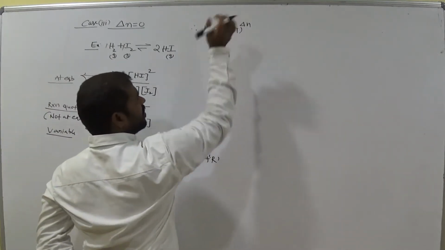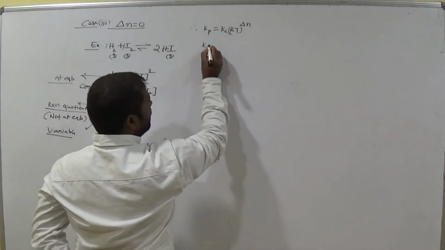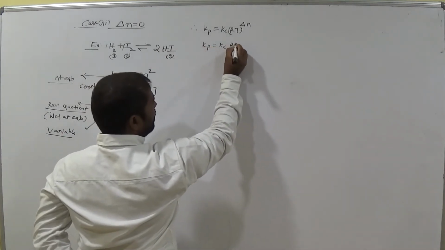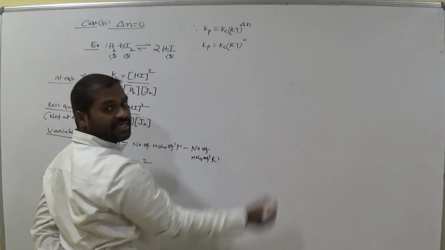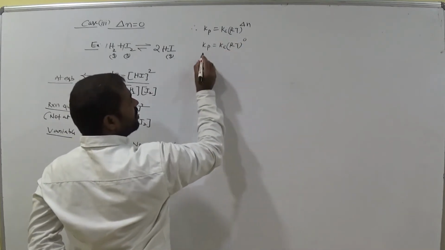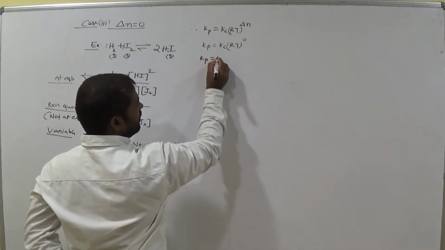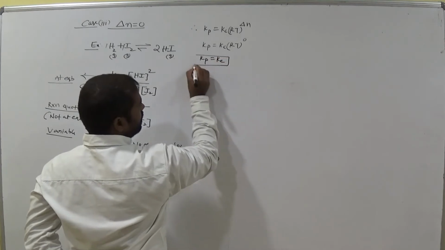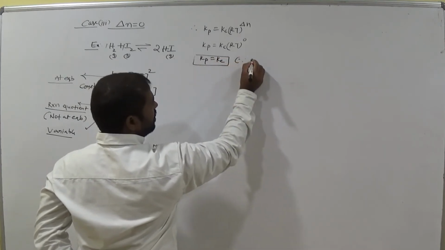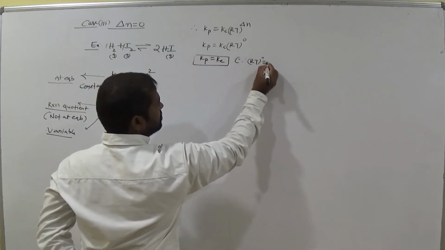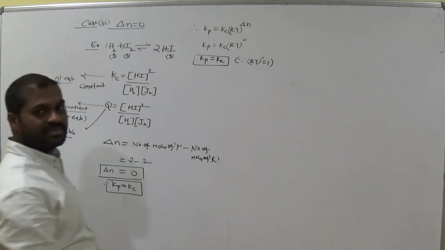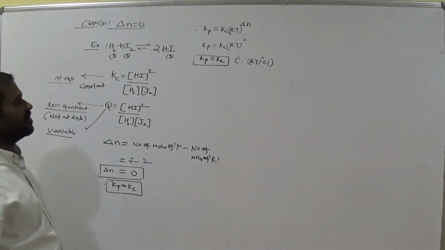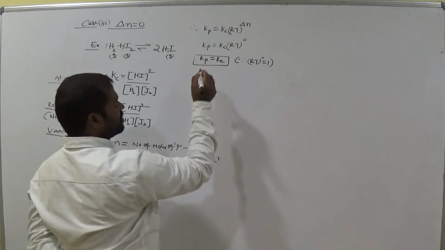Now put the value of delta n here. Then Kp is equal to Kc (RT) to the power 0. Am I right? So anything to the power 0 is 1. That means Kp is equal to Kc, since (RT) to the power 0 is equal to 1.